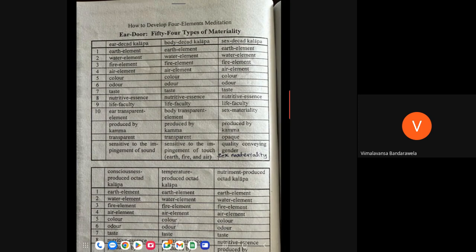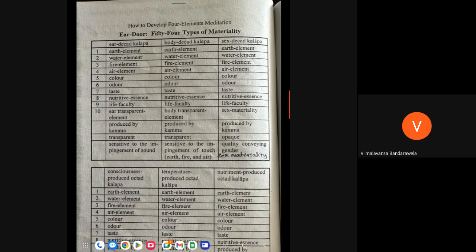How to understand it? You want to see how this sex materiality, the sex decad kalapa, can be understood. It is very clear, because if you are a female, you can understand that sex materiality very smoothly.